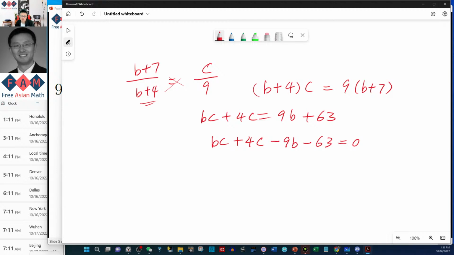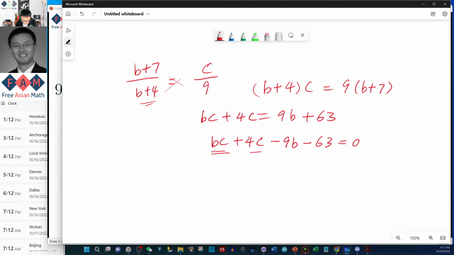there's something called, in the AoPS book, Simon's Favorite Factoring Trick. But there's a general pattern about this. When you have an equation like this, you have two integer variables, b and c, right? You have their product.